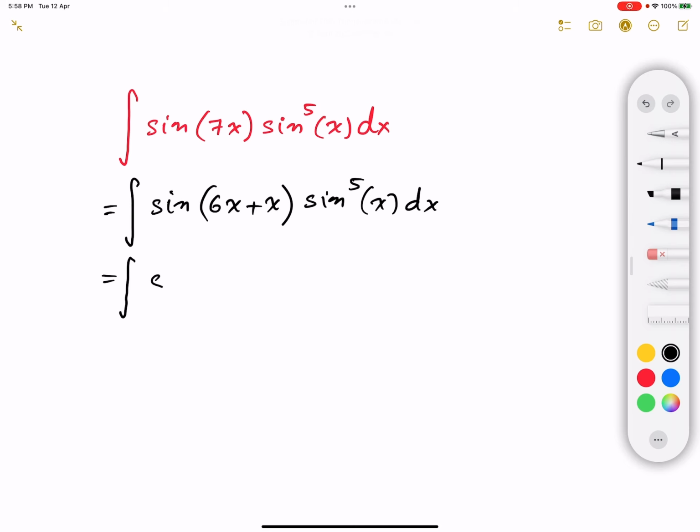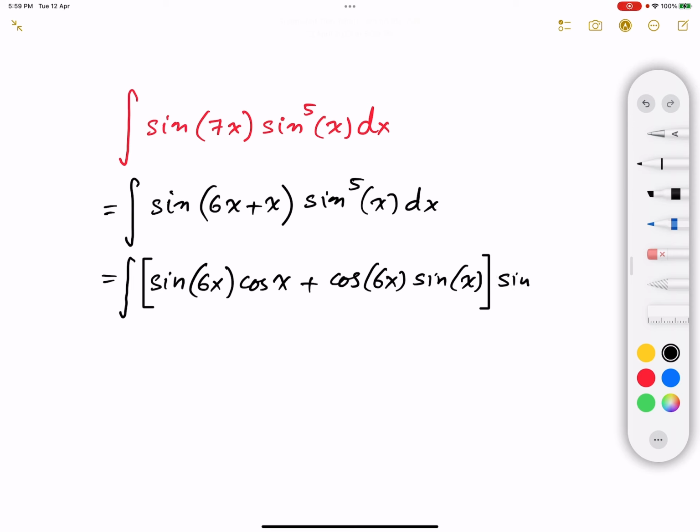So that's going to give us sine 6x multiplied by cosine x plus cosine 6x sine x, and this whole thing is going to be multiplied by sine to the power 5 of x dx.